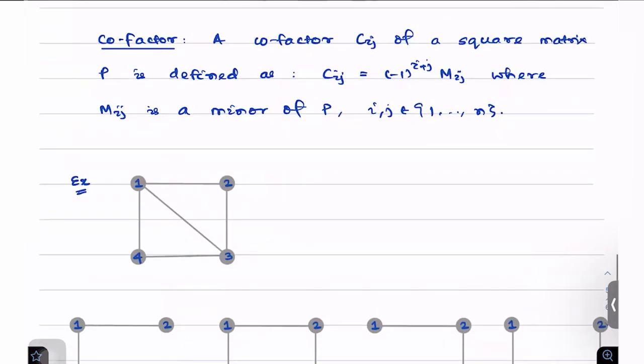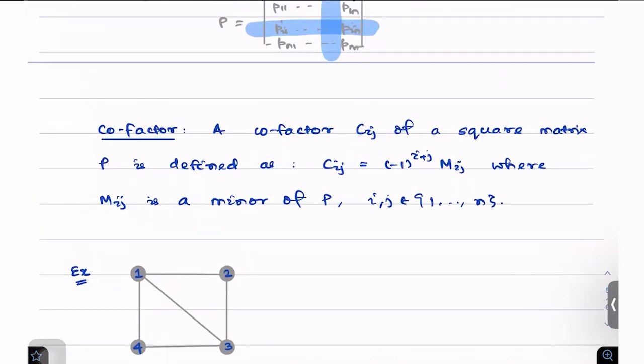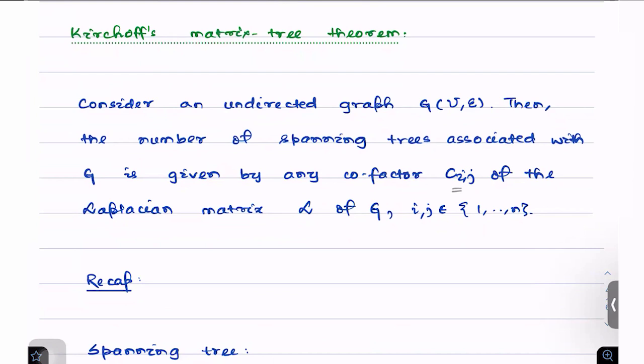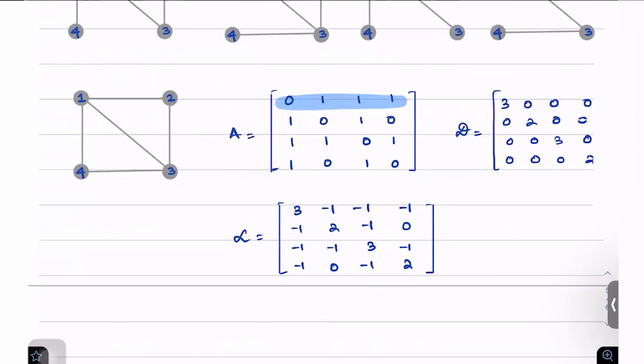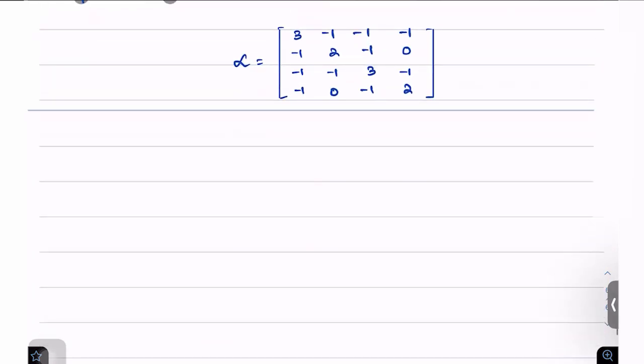The theorem, let's read it again. It says that the number of spanning trees is given by any cofactor Cij, meaning we can take any of the cofactors. Just to keep things simple, let us take C11, which would mean we remove this row and this column.